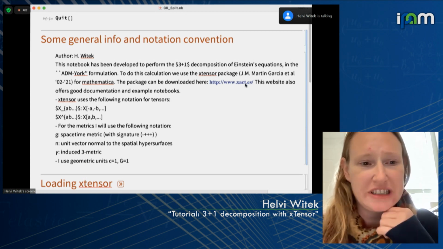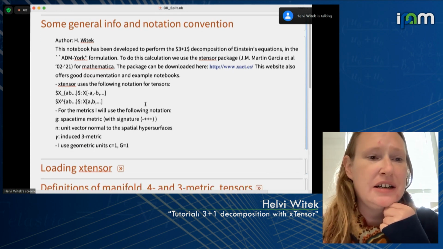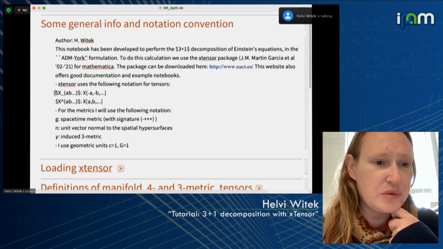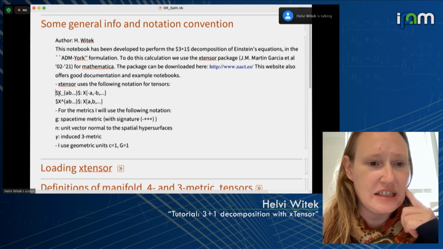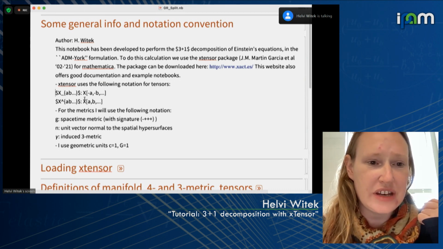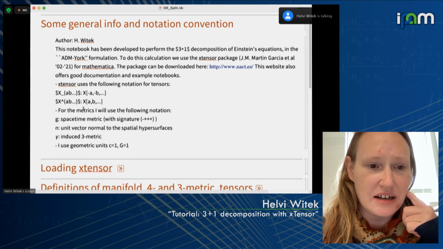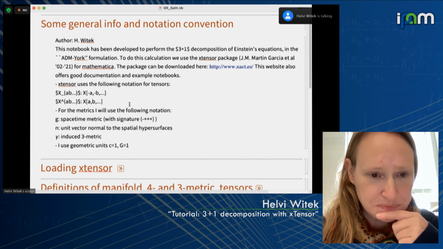Now, a few notes on notation before we get started. If you want to denote a tensor with lower indices, you would just use the name of the tensor, and then the indices are indicated by -a, -b, etc. Whereas upper indices are indicated just by the name of the tensor, and then you have your brackets, and you just label the indices like so.